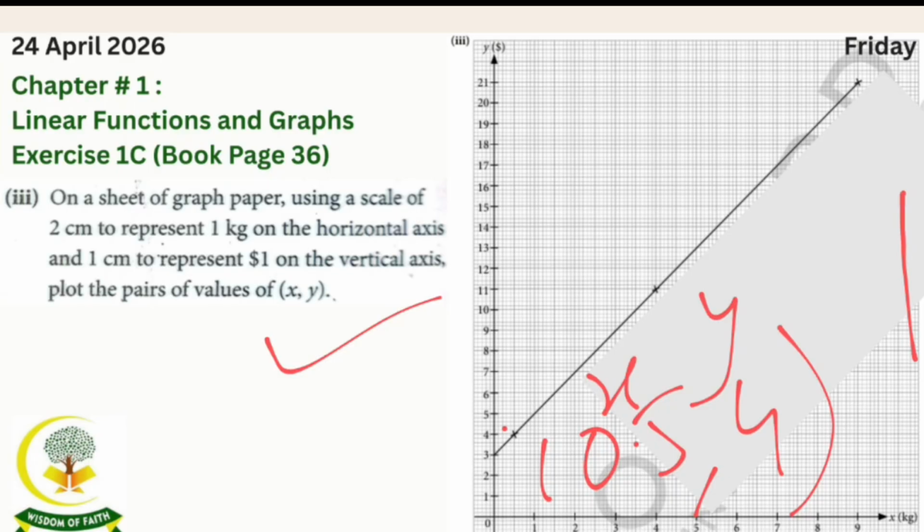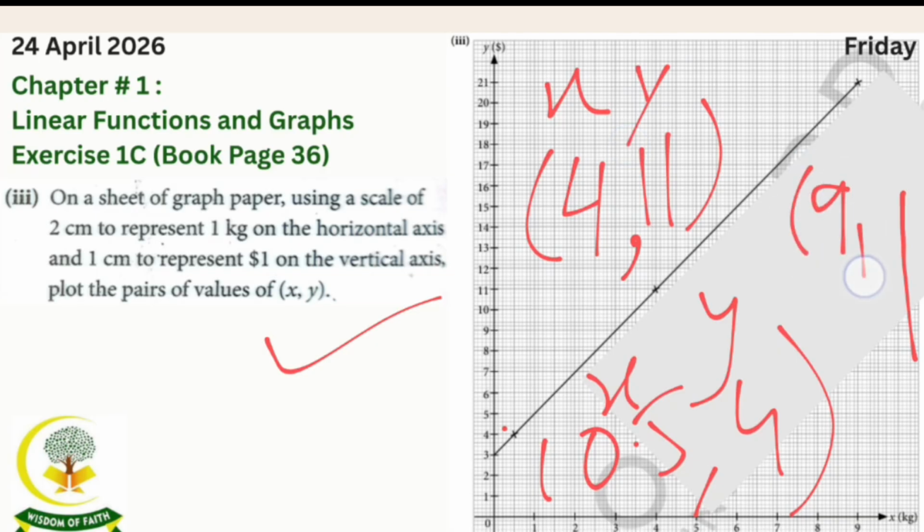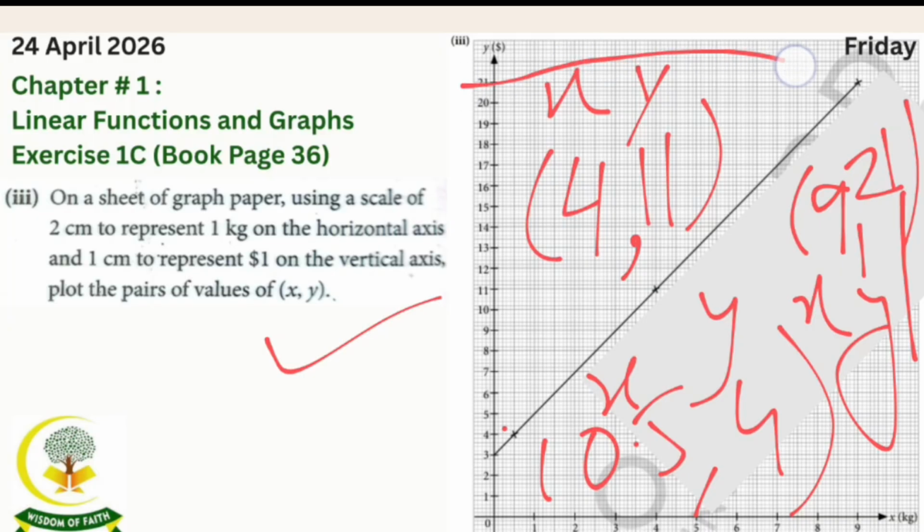Next value is 4 and 11. 4 is the x-axis and 11 is the y-axis. And here we have 9 and 21. So 9 is the x-axis and y is 21. So here we have done it.